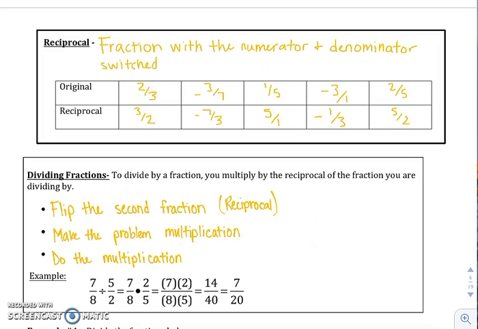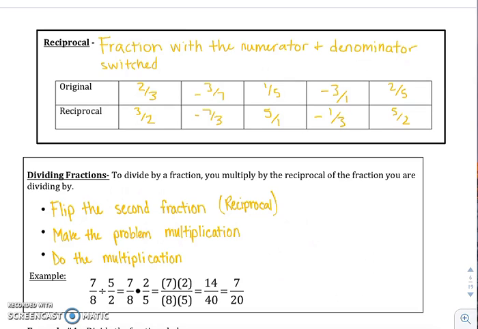Say you took one candy bar and divided it in half, you would have 2, right? So dividing by 1/2 is really multiplying by 2. That's why when we divide by a fraction, we really just multiply by the reciprocal.